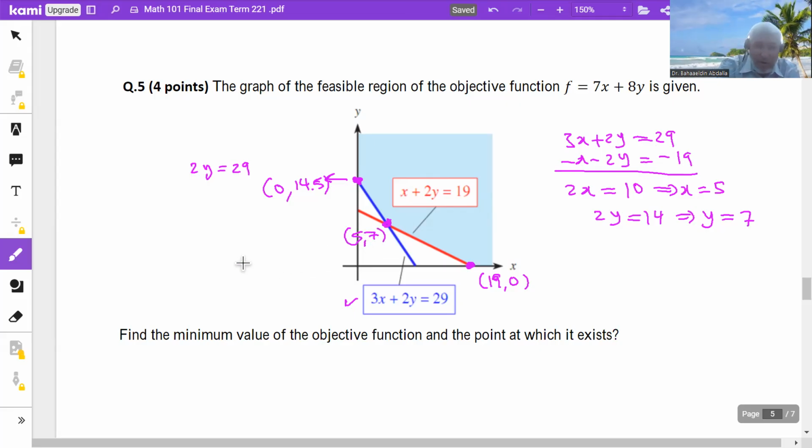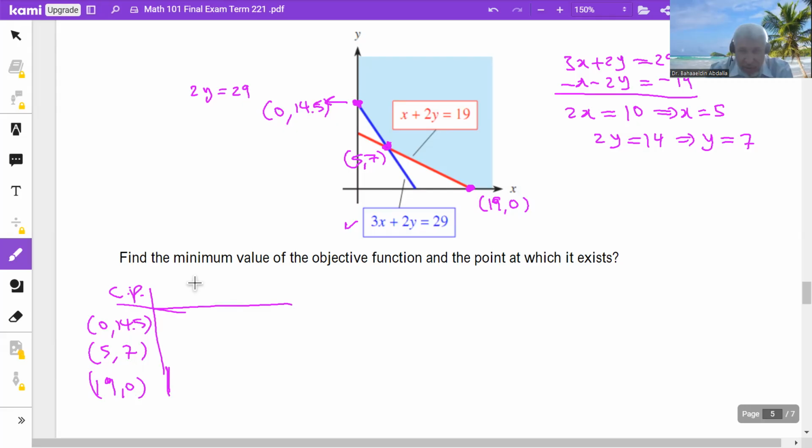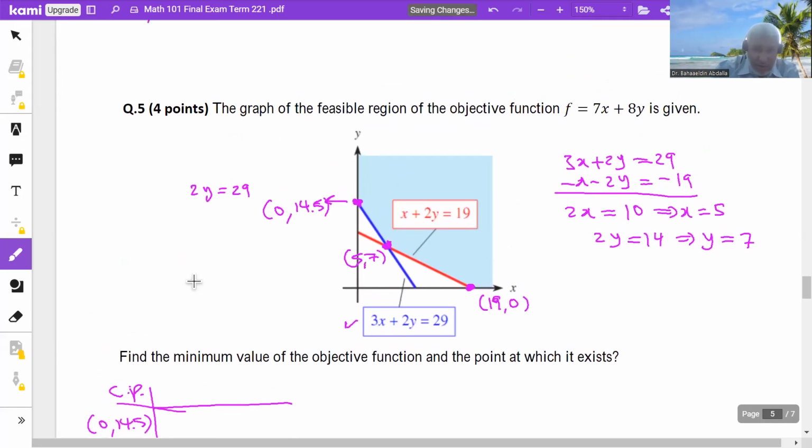So I have 3 corner points. How to decide where is the minimum value, at which point? The idea is I put the corner points here. I have 0, 14.5. I have 5 and 7. And I have 19 and 0. And I substitute all of these 3 points into the function given in the question, which is F equals 7x plus 8y.